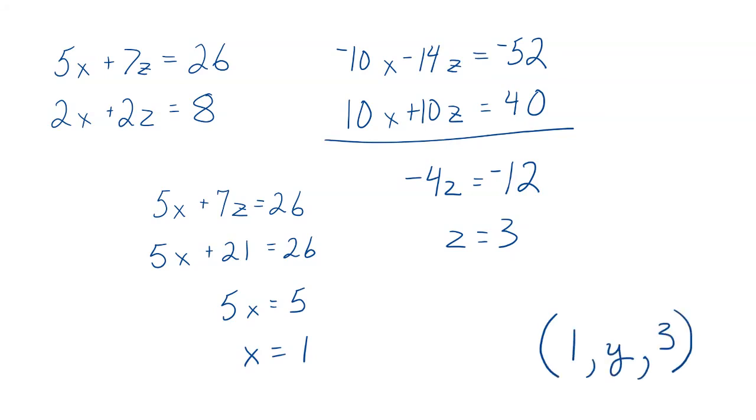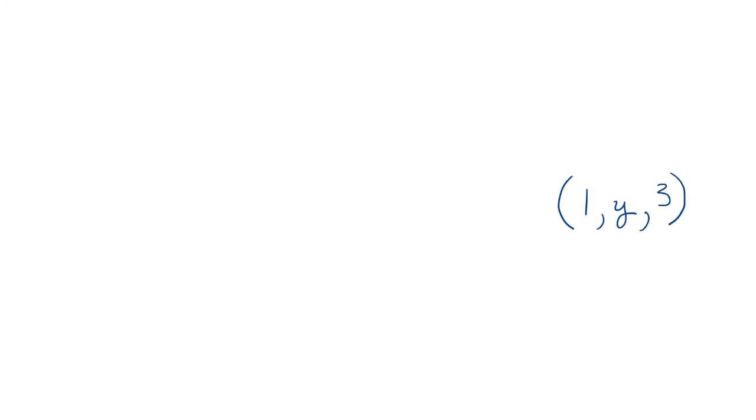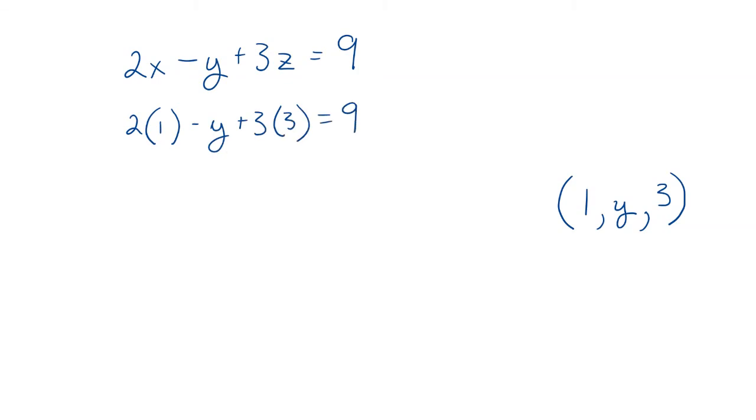Now I can take those two values for x and z back to one of my original equations and substitute them in to solve for the value of y. So now I have my solutions, 1 for x and 3 for z. I'm going to take just the first equation that's in the list, and I'm going to sub those values in for x and z.